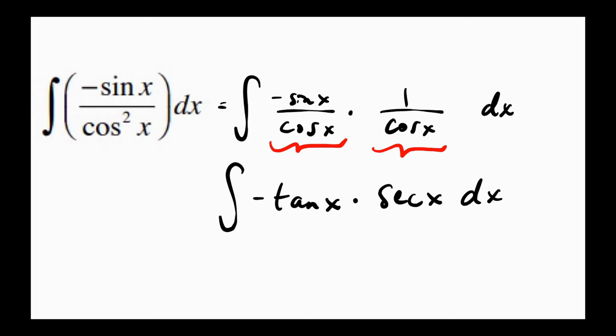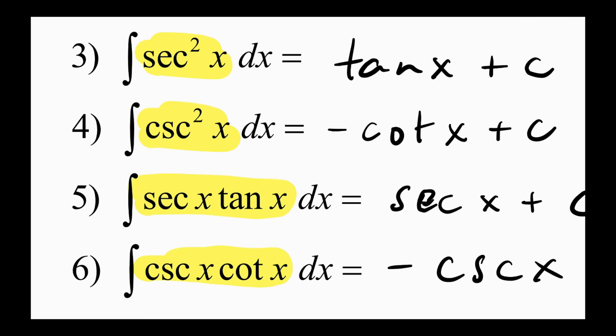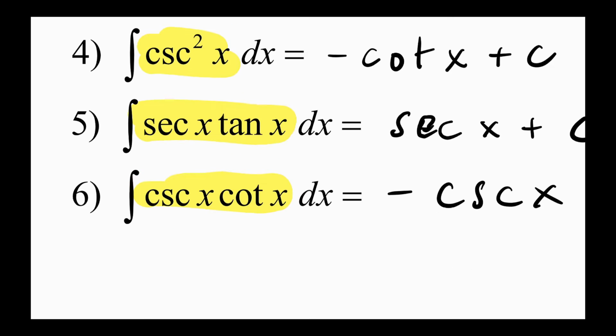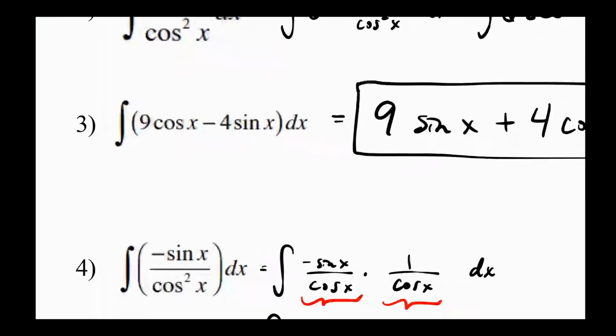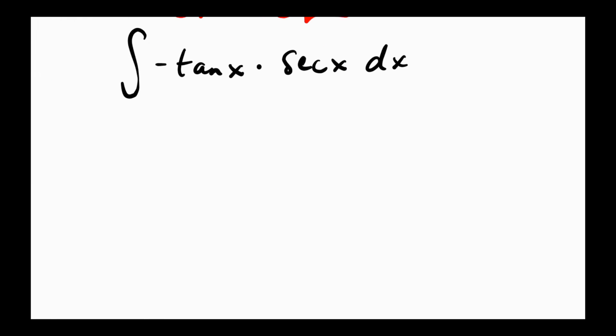That one looks like one we have up here. Different order, right? But since it's multiplication, they're interchangeable. So I got a negative sign in front. What do I do with that negative sign? This is the one we're going to use. So how can I make it look like that using what I got right now?